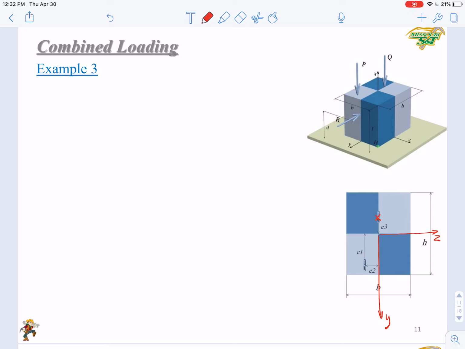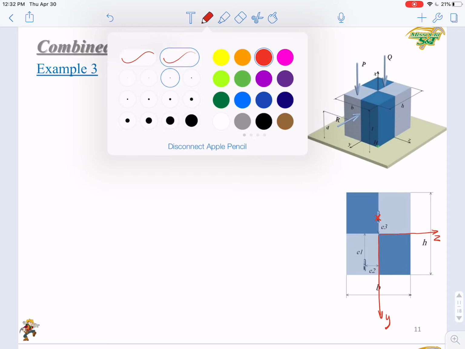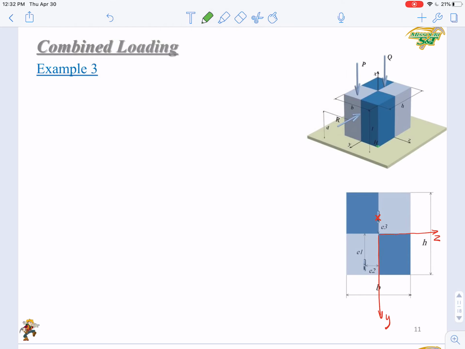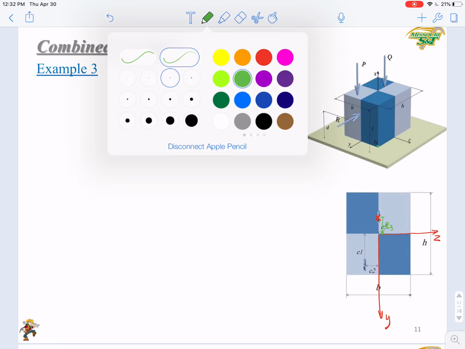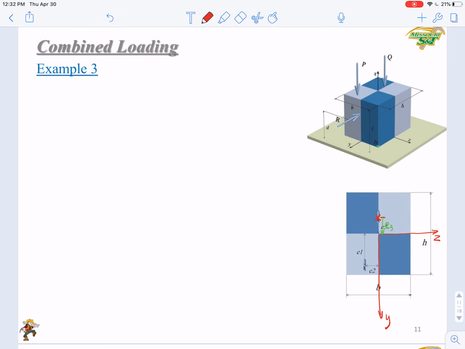It's pointing down, right? So it will have a distance to the z-axis, that is E3. Okay, this is E3. And this is the load Q.